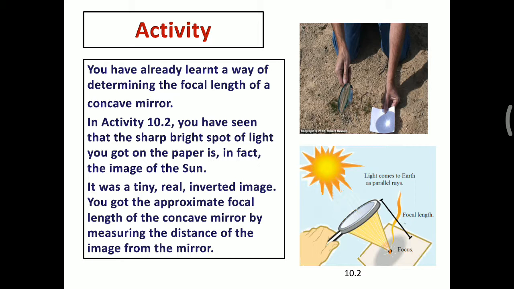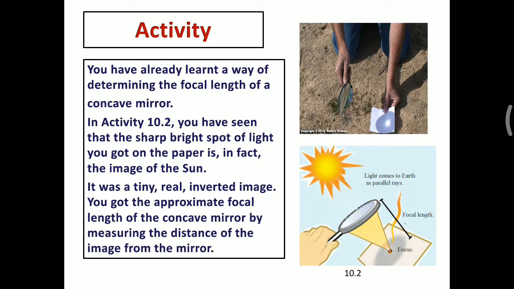When they fall on the concave mirror, after reflection, all the reflected rays meet at one point. That point is called the focus. The distance between the mirror and the focus is called the focal length. So in this way we can determine the focal length of a concave mirror.